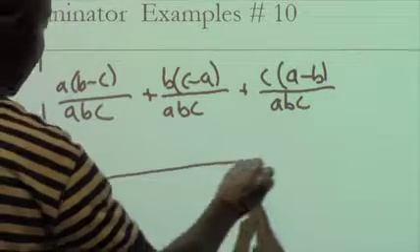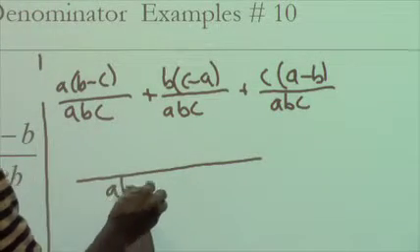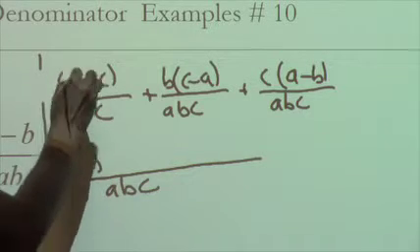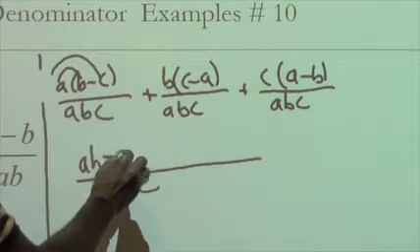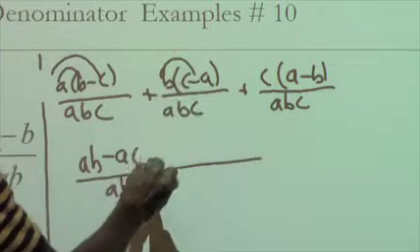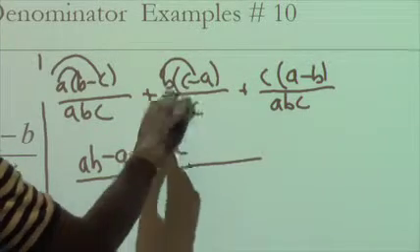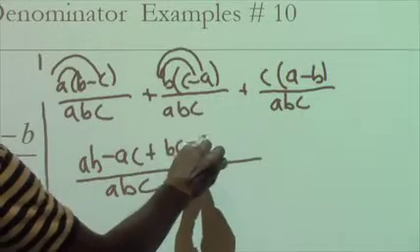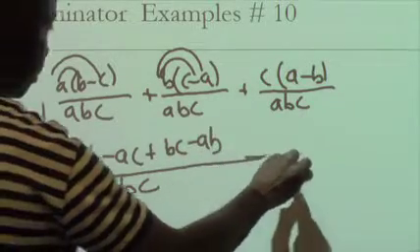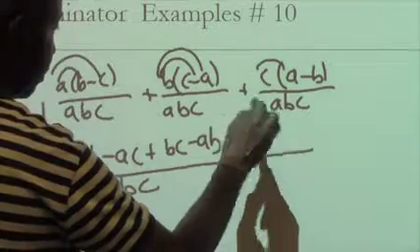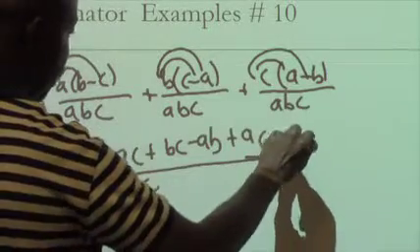Now I want to write my denominator once and do the operation on top. So I have AB minus AC plus BC minus AB plus AC minus BC.